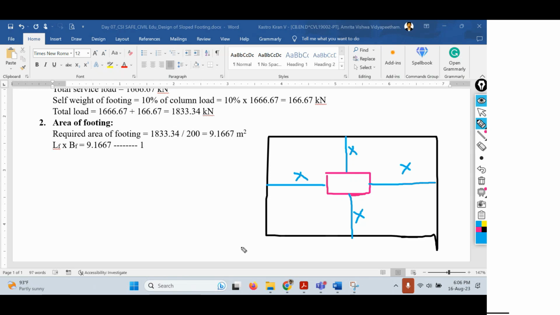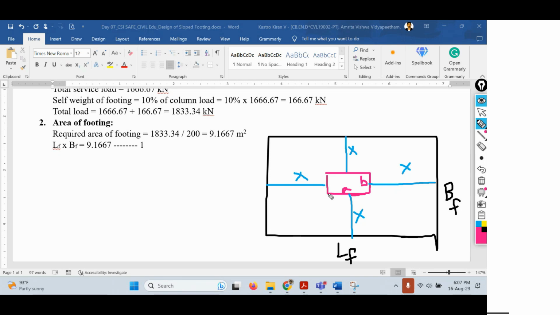Now the question is how to find this value of x. We know the length of the footing, LF, and the width of the footing, BF, and the rectangular column dimensions. I'll call the longer side small a, and the shorter side small b.